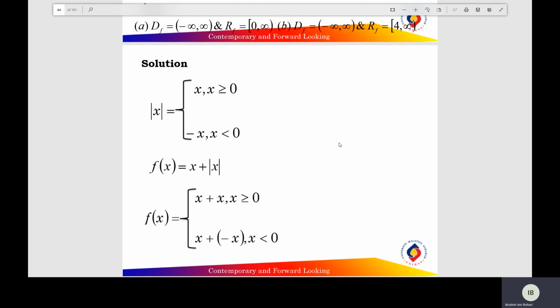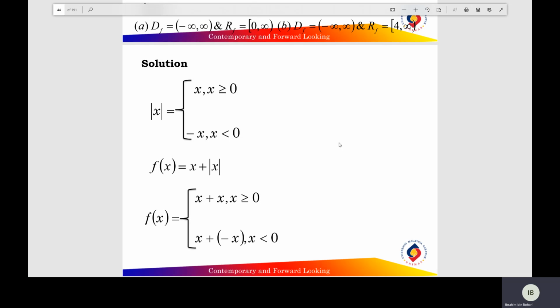Modulus x: the first part of the function here, f(x) equals x, and the domain of the function here is greater than or equal to 0. And here the negative function, f(x) equals negative x, here x less than 0.